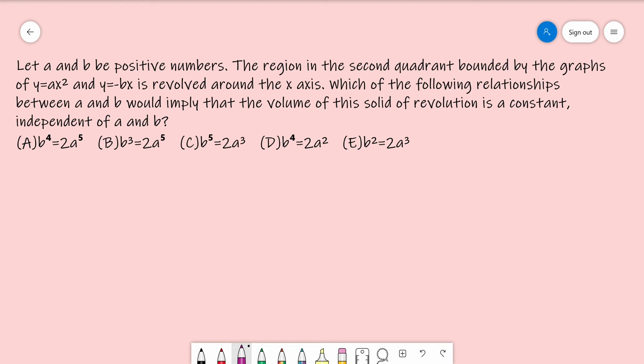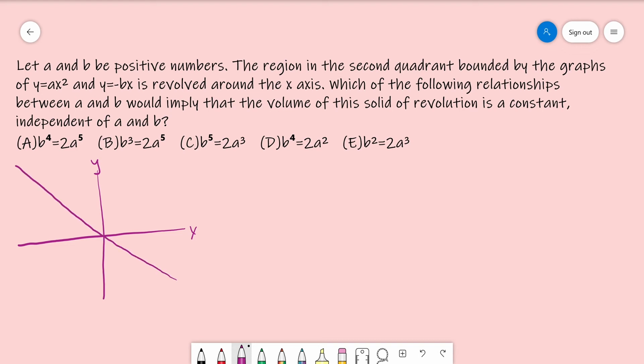It helps to draw a picture and just have a little reminder of how to find the volume of a solid of revolution. So, first of all, let's draw a picture. Y equals negative bx. That's going to be just a line with slope negative b.